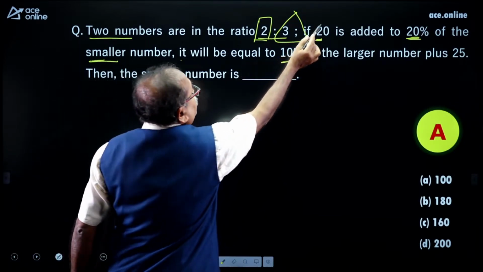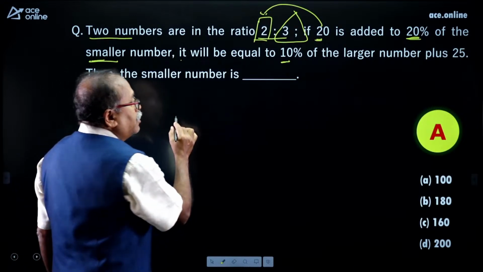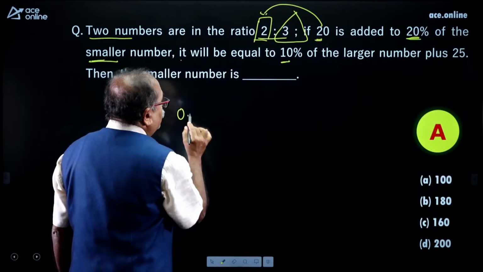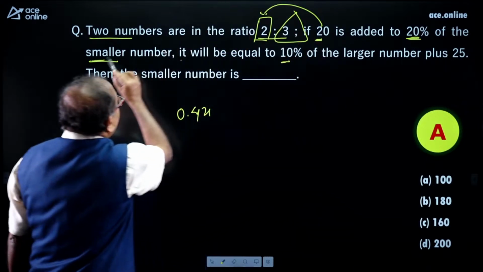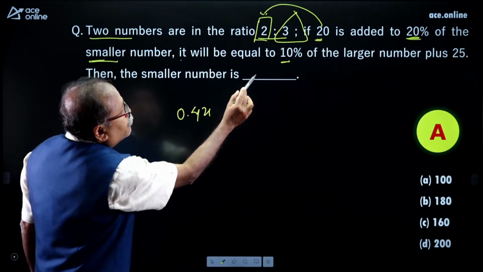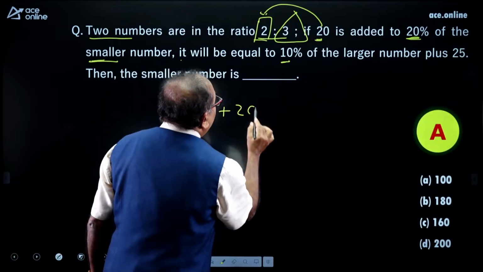I will take the 20% of 2x, and that comes to 0.4x. And I will add how much to the smaller number? 20 is added to the smaller number, plus 20.